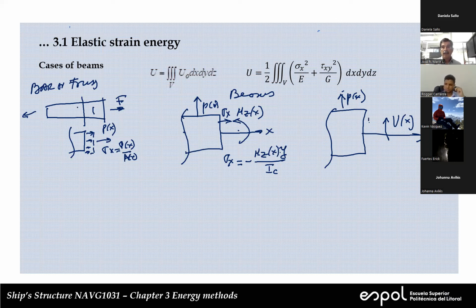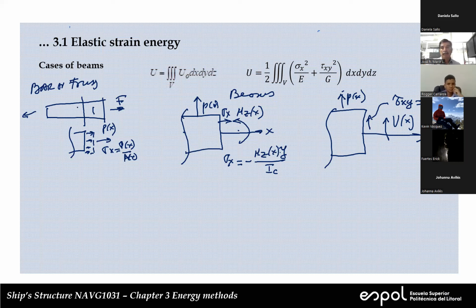And we could have a tau, this is tau xy. Now, remind me, how do we evaluate this term here? We're going to take this term and put it into here, and this also here.